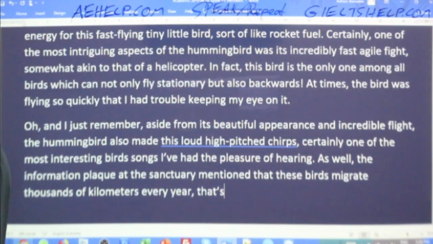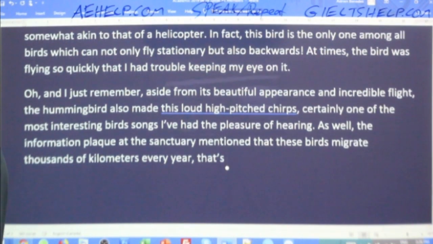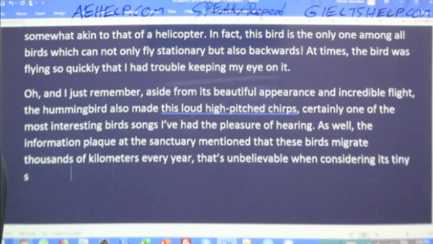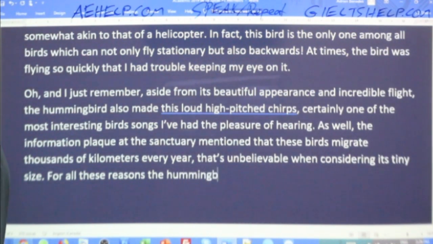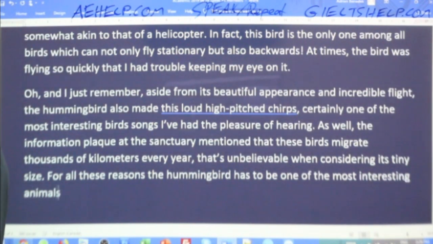That's unbelievable when considering its tiny size. For all these reasons, the hummingbird has to be one of the most interesting animals I have seen.